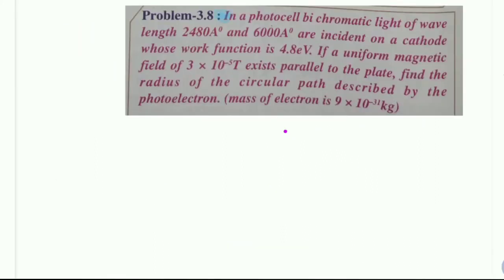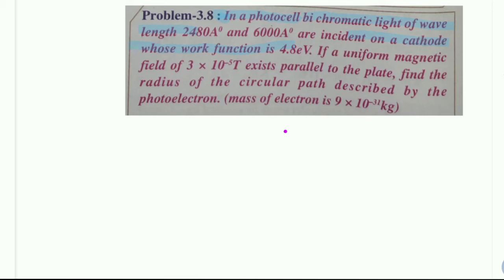In a photocell, bichromatic light of wavelength 2480 angstroms and 6000 angstroms are incident on the cathode. Whose work function is 4.8 electron volts.